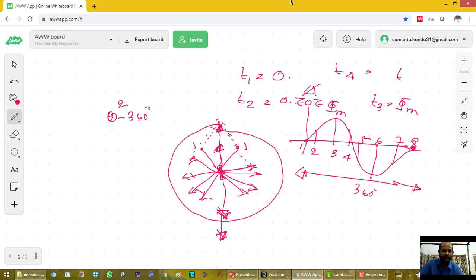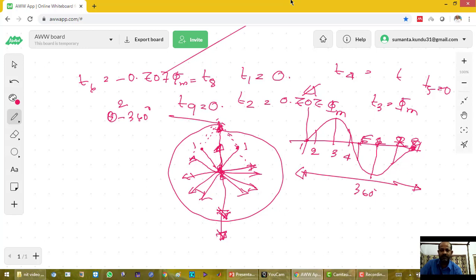Suppose this instant is 5, so this is 6, this is 7, this is 8, this is 9. So in instant T5 again it is 0, and then it goes on in the negative direction. T6 again it is minus 0.707 m, which is similar to the position of T8. Again in T9 position it becomes 0.